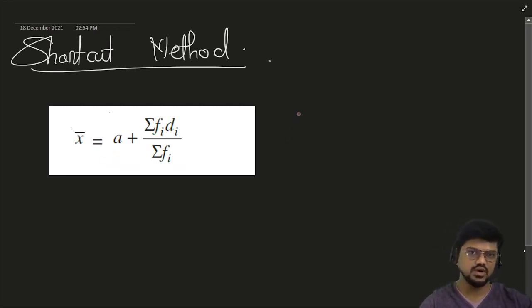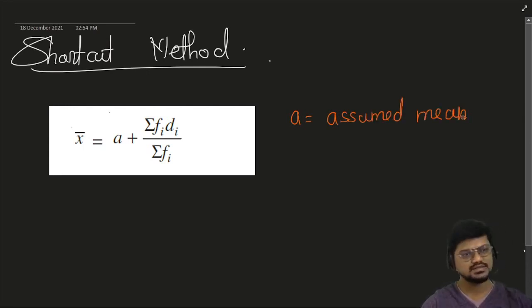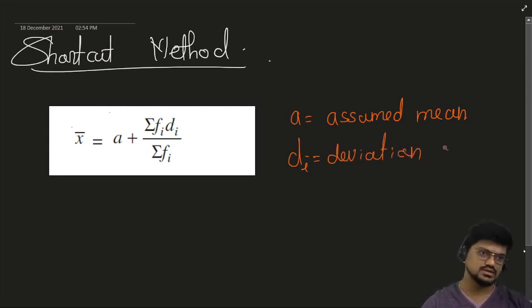This a, the small a, is your assumed mean. What the assumed mean is, I'll explain in the example when we'll be solving. Okay, this di is your deviation. We'll explain in the example what it is exactly. So we'll be using this formula. You can note down, for the shortcut method we'll be using this.